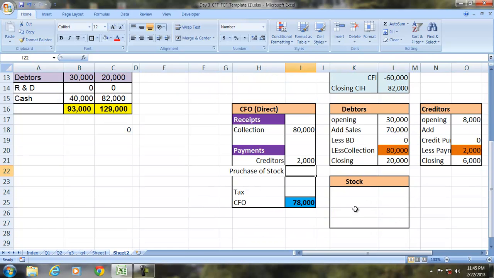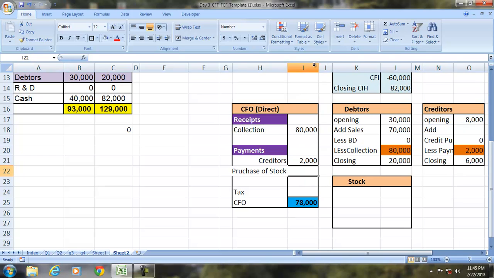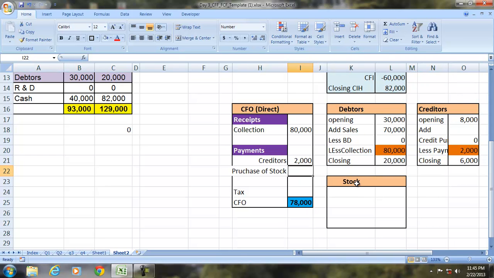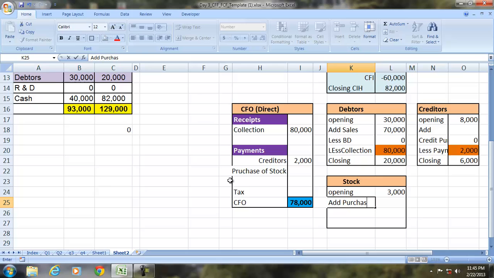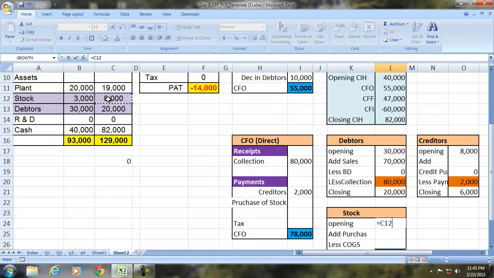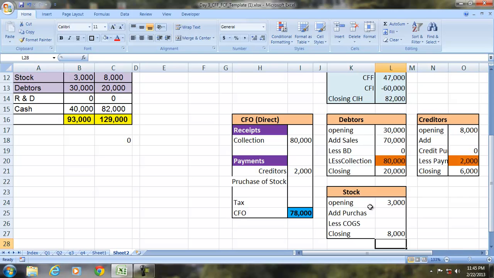It's possible that the company might have purchased the goods for cash, so that we can find by preparing the stock statement. So the stock is 3,000 opening, add purchases less COGS is equal to closing. So the closing stock is 8,000.